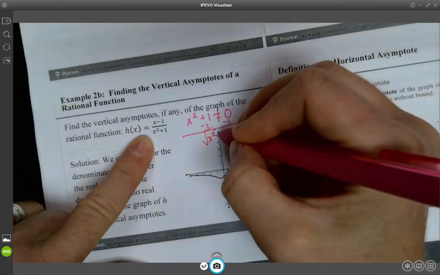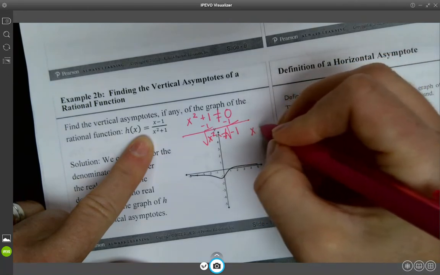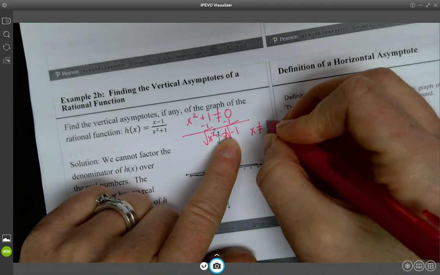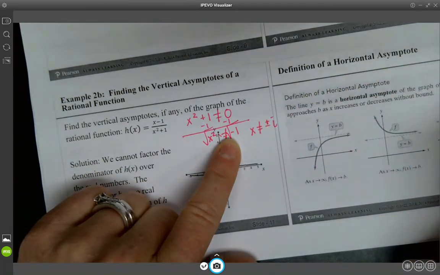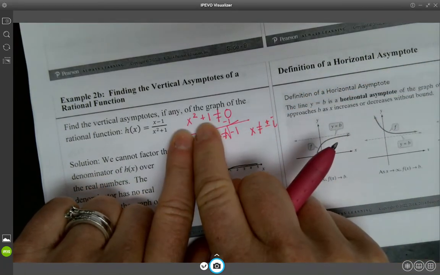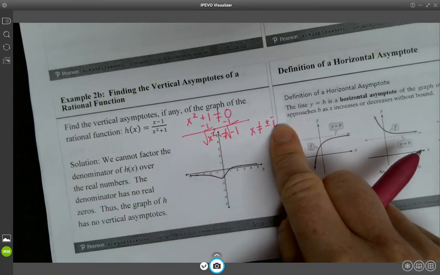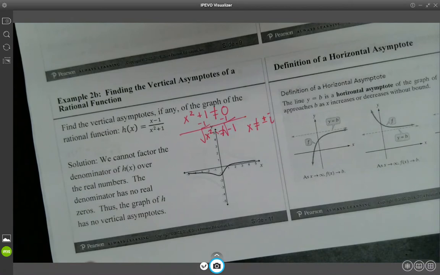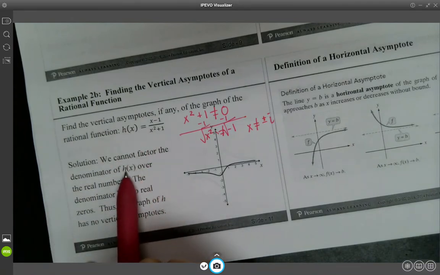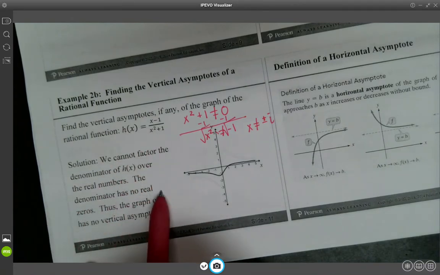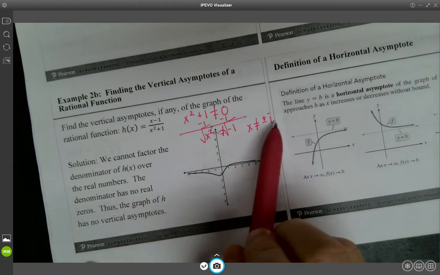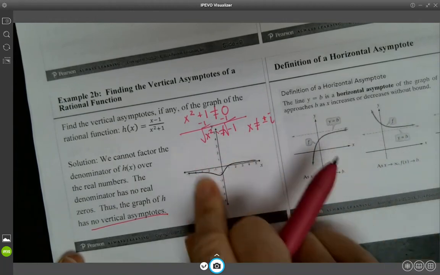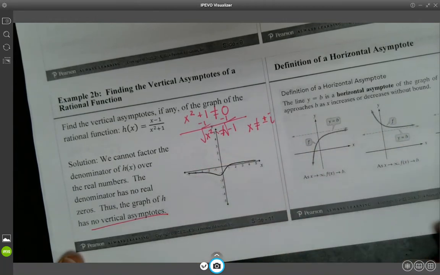If you take the square root, you get x cannot equal, this is imaginary, so it'd be plus and minus i. We couldn't factor that. That's why we didn't factor it. So we cannot factor the denominator of h of x over real numbers. The denominator has no real zeros because these are imaginary. Thus, the graph has no vertical asymptotes. So we can't make any vertical asymptotes here.